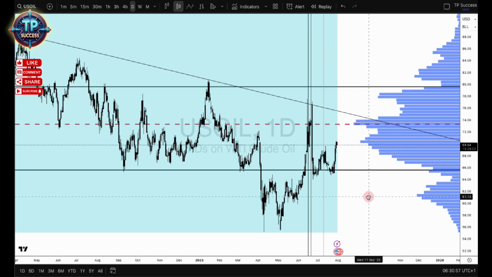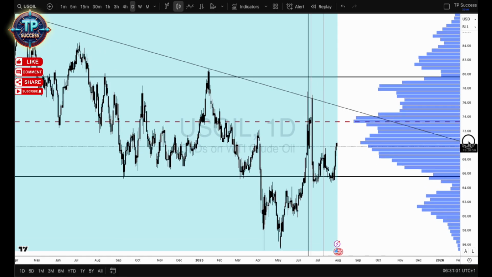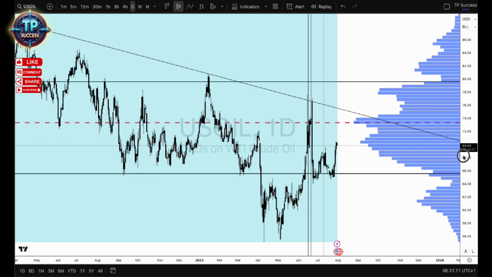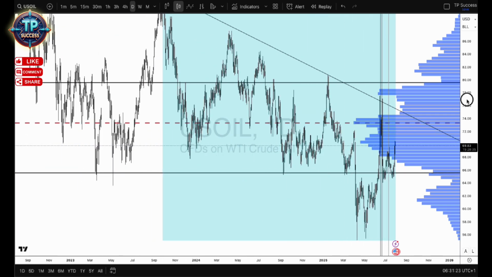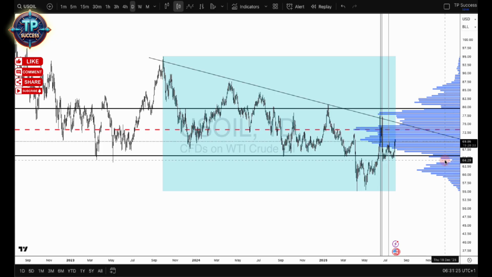So what we want to do is lay on a new level of resistance, support levels, and all of these key things that we need to know about, and then we'll take it from there. So the first thing that I will be doing is, we've got a trend that is pushing up right now, but the overall direction of oil is heading downwards, right?